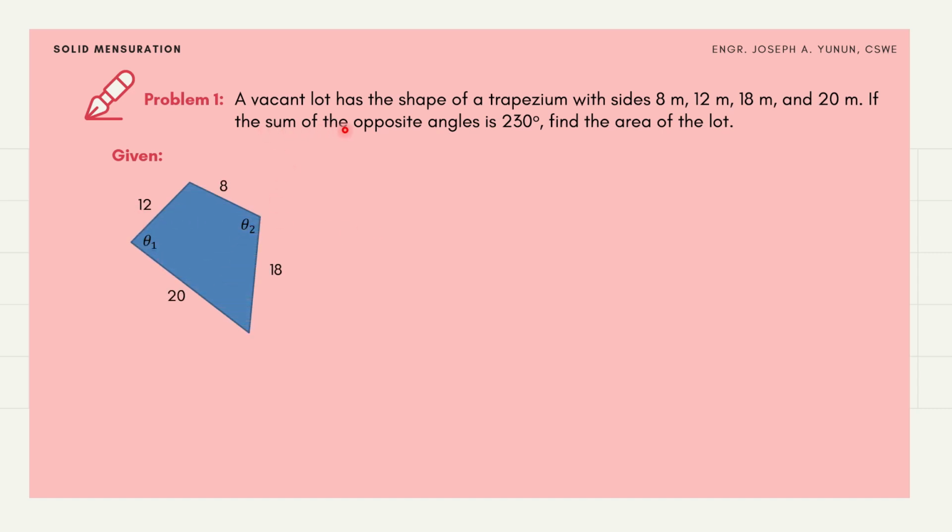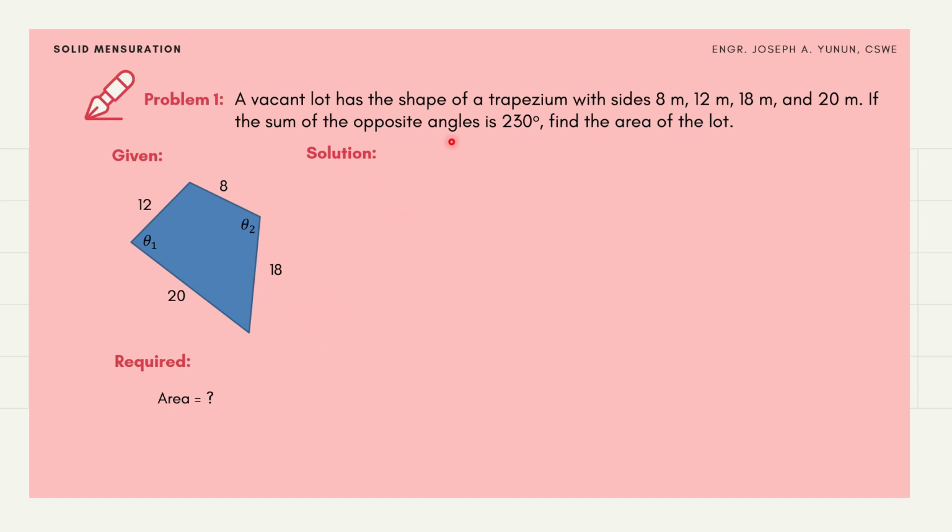The sum of the two opposite angles is 230 degrees. I indicated the two opposite angles as theta 1 and theta 2. Then the sides are 8, 12, 18, and 20 meters. Okay, so the required is the area of the lot. So solution: how are you going to approach this problem?